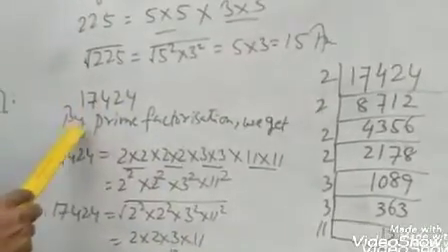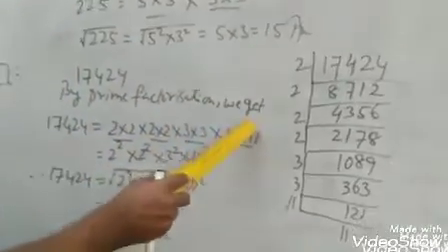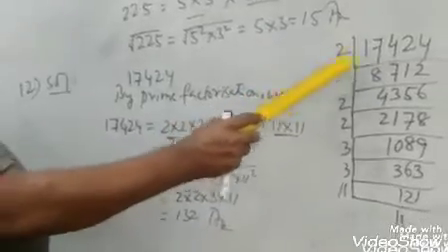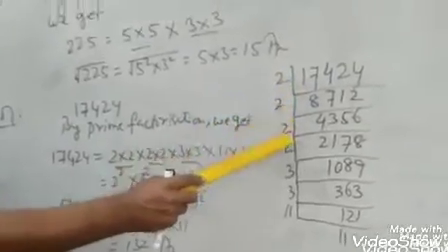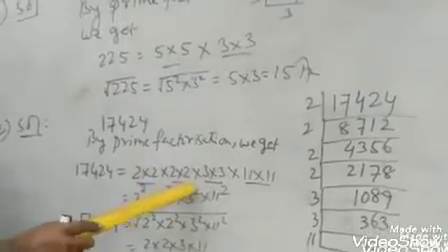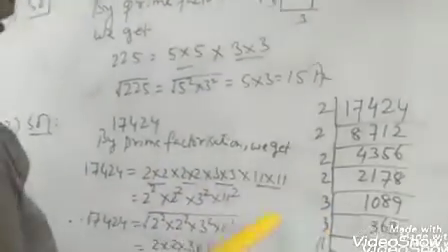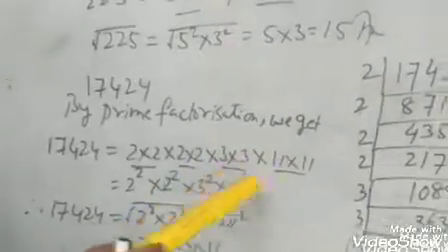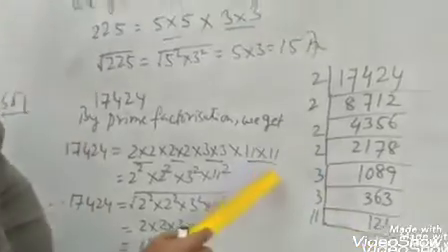Now, by prime factorization method, we get pairs of numbers: 2 into 2 into 2 into 2. There is double 3, 3 into 3, and next double 11, 11 into 11.